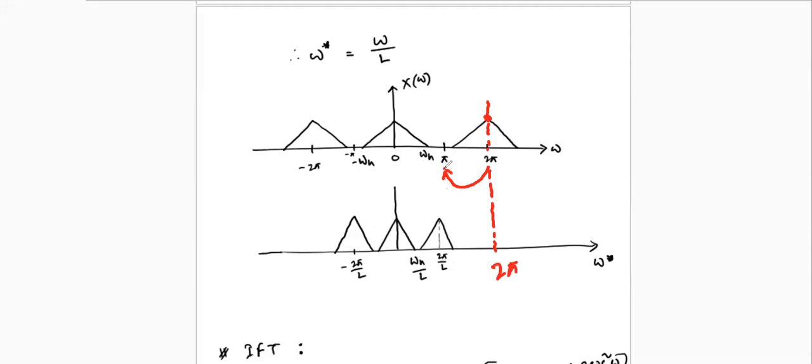If I compare this pi with the spectrum of omega, they will remain at the same location, but all the other values are squeezing to the left.